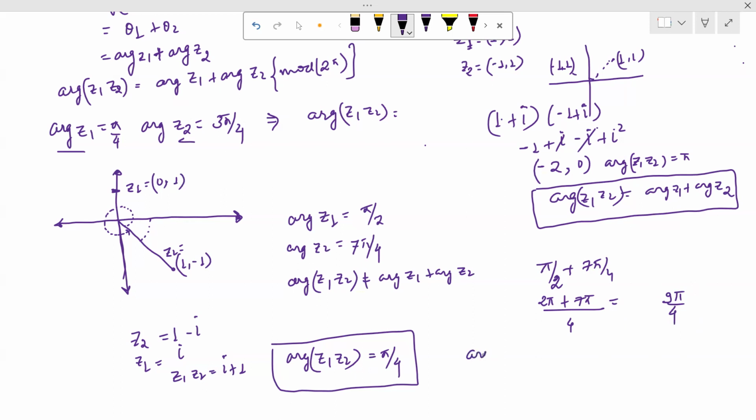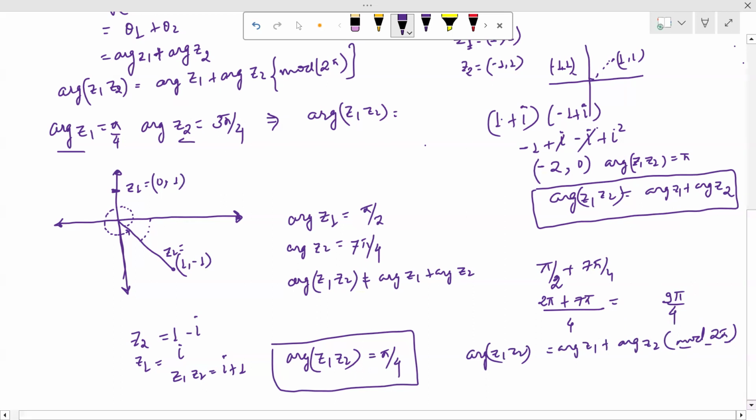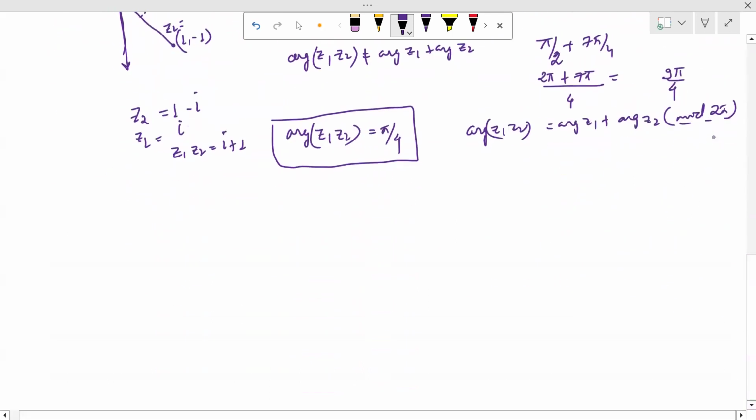What property holds true? Take the argument of z1 z2 equal to the argument of z1 plus the argument of z2, but don't forget to take modulo 2 pi. So if you take modulo 2 pi, what would you get?